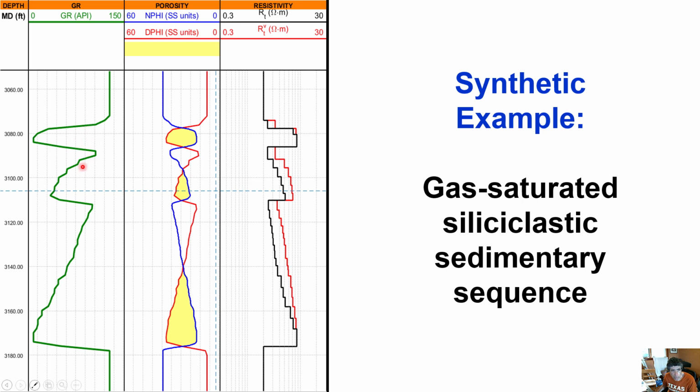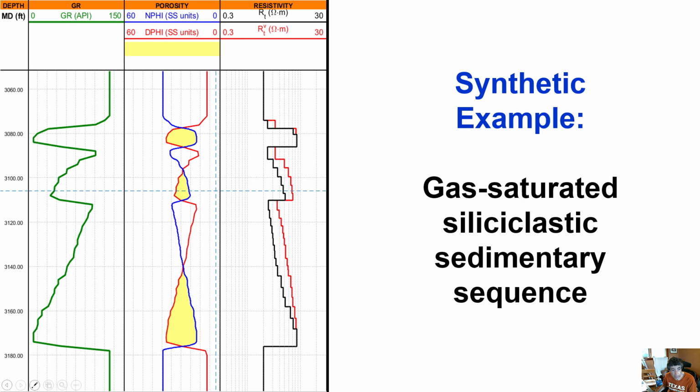So it will remain the same with respect to the previous example, but look what happens with the neutron and density logs. Whenever we have a clean sandstone, we saw that it was clean because we had a way to understand how it behaved in the presence of water, and water gave us the hint that it was clean because the neutron and density logs overlap.